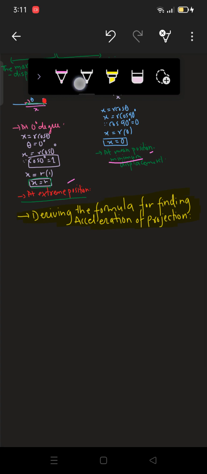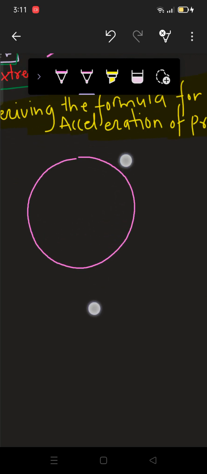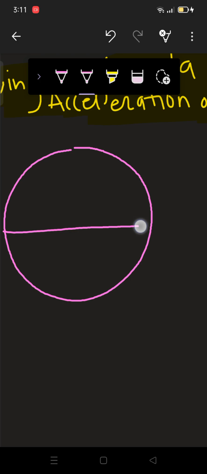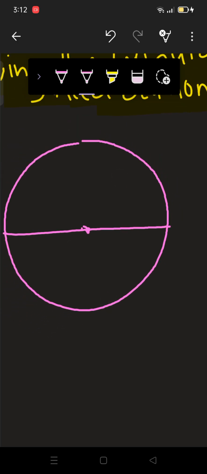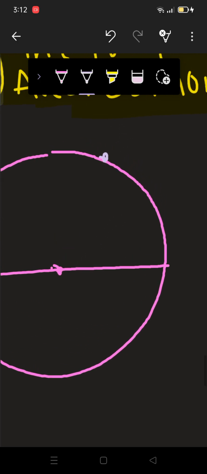Now see, to understand we must make a figure here, right? So this is the figure. Now this is the radius, since we are making its projection on the diameter of the circle. This is not radius, this is diameter, right? This is its center point. For example, here the particle is moving, this is the particle, right?